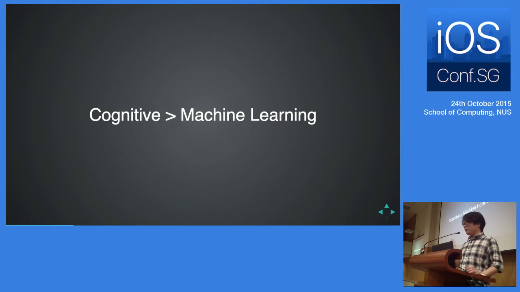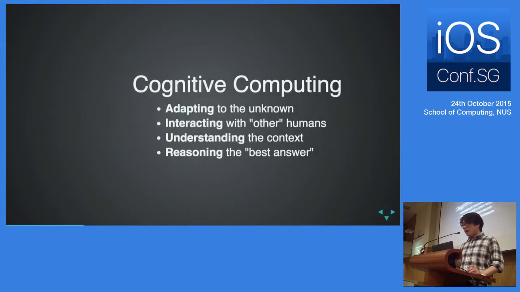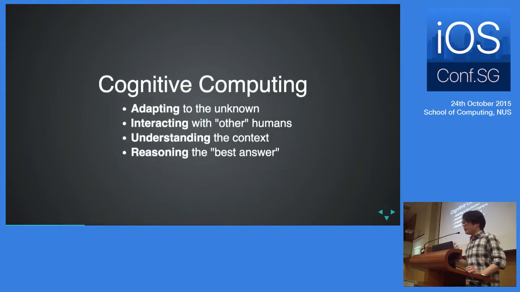And cognitive programming is not just artificial intelligence, it's not just machine learning, it's more than that. It's a combination of all of that together with deep learning and various other things. So it's a really complex subject altogether. However, I can break down cognitive computing into 4 different parts that IBM is focused on.